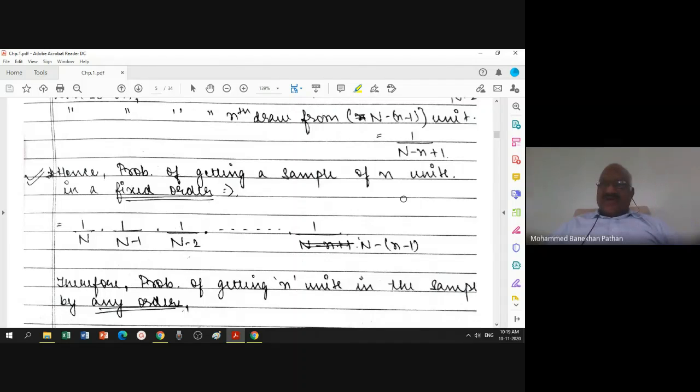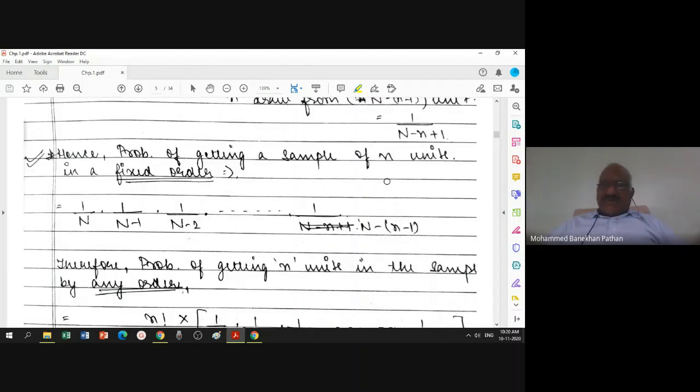So I can pick up 3 elements in different sequences, and that is 3 factorial. So in general, if I want to pick up n elements, I will make n factorial sequences.